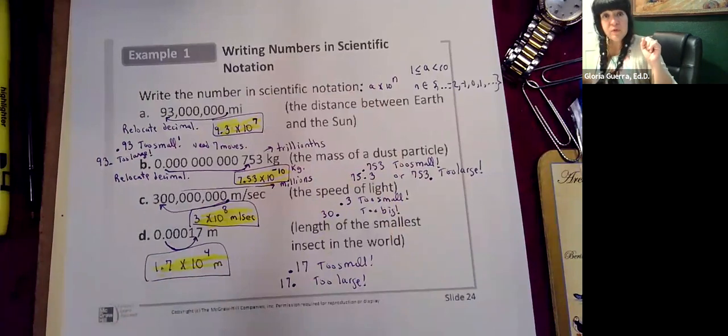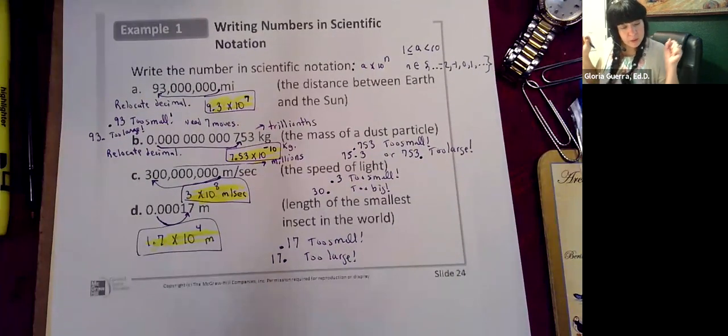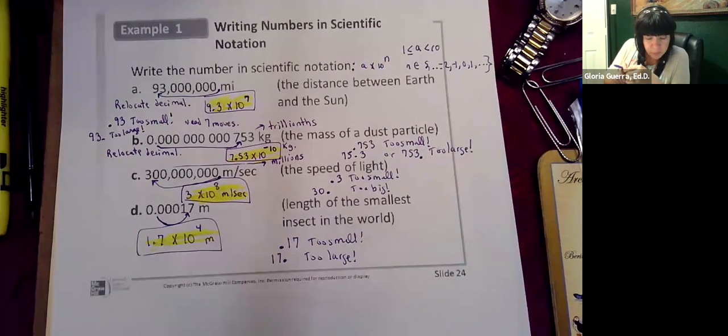Okay, so I have a note also to say that only one decimal point is allowed in a number.